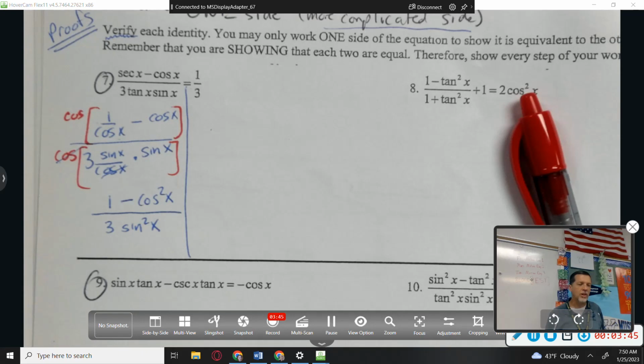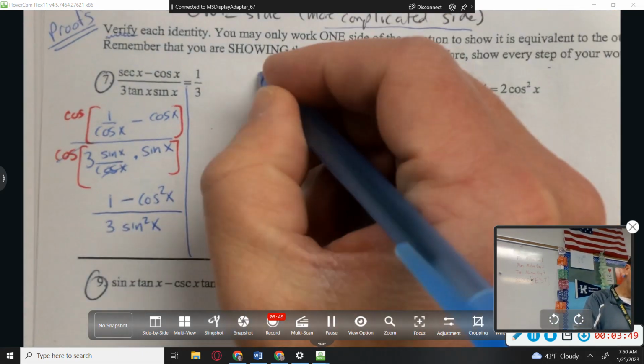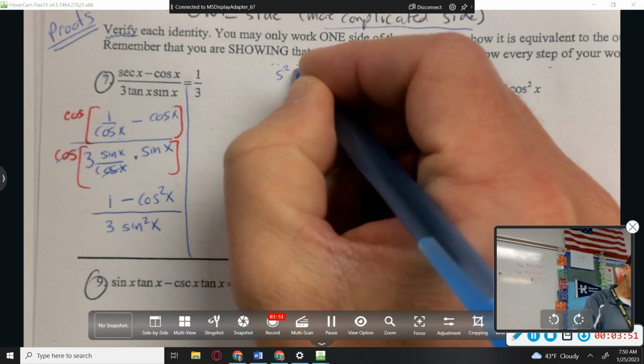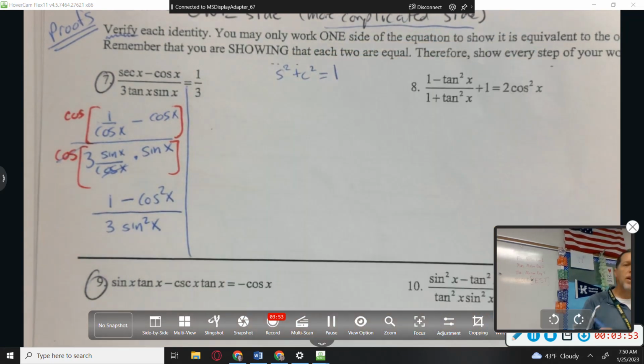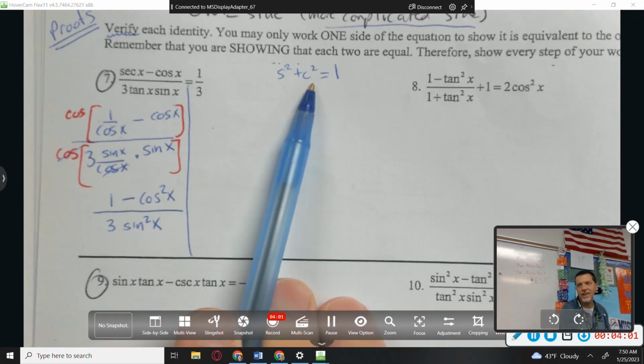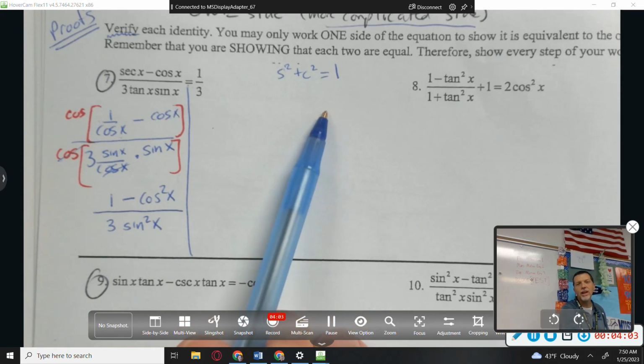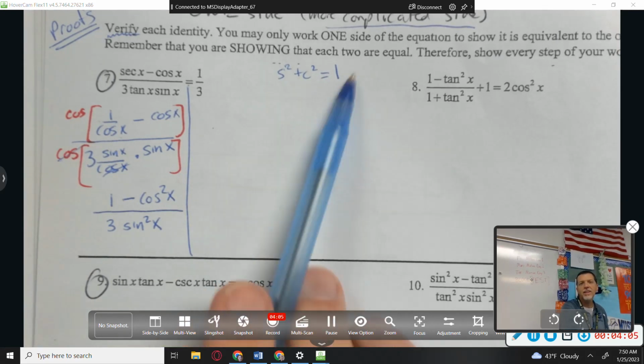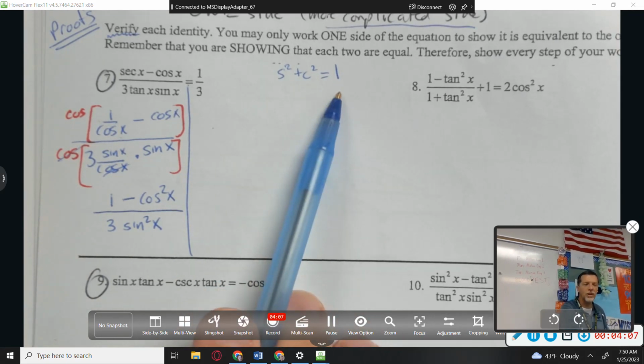Okay, now we're getting close, because 1 minus cosine squared. Again, it's hard for me to think of the identity and manipulate it all in my head at once. So I'll usually write the identity down, and then I can manipulate it and use it. Looking at the identity, what does 1 minus cosine squared equal?